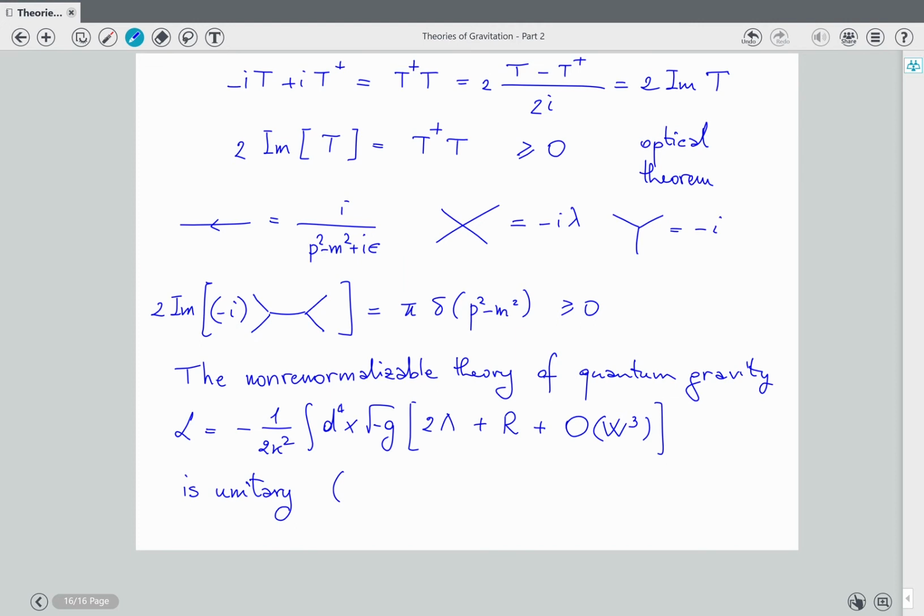So it contains infinitely many independent coupling constants.